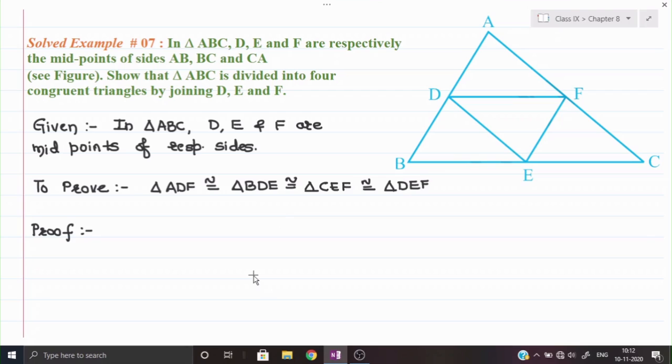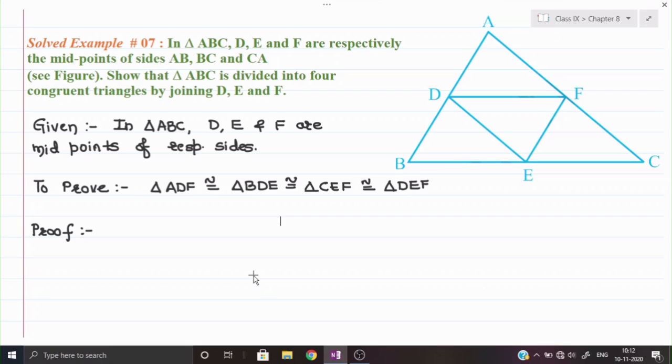One more quadrilateral is CEDF, or CFDE, whatever sequence you want to say. And one more quadrilateral is ADEF. So there is not only one quadrilateral, there are many quadrilaterals inside the triangle. We shall consider the quadrilateral BEDF.